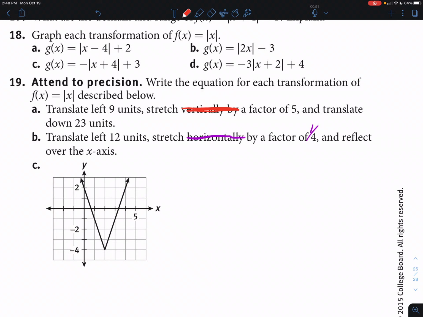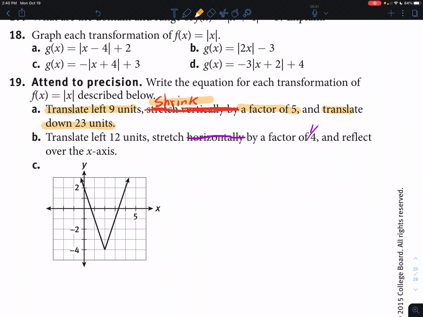I'm being dumb right now. I'm going to remember what I wrote down. Shrink by a factor of 5. So we've got translate left 9, shrink by a factor of 5, and then we have translate down 23.